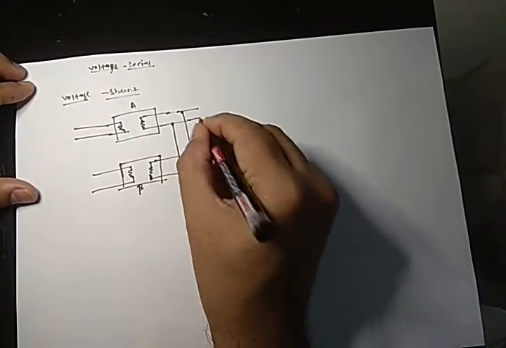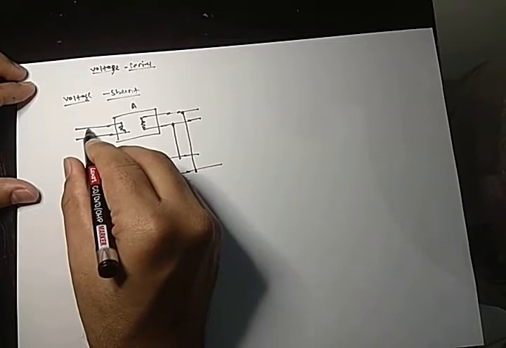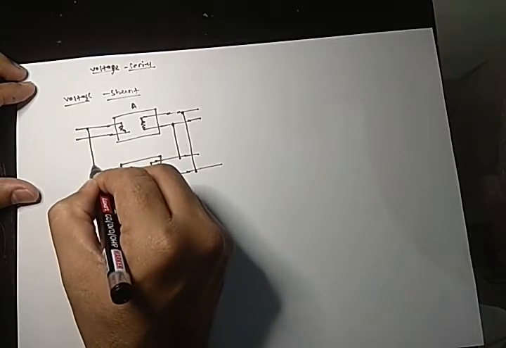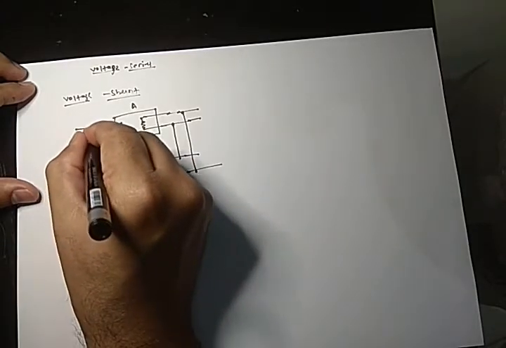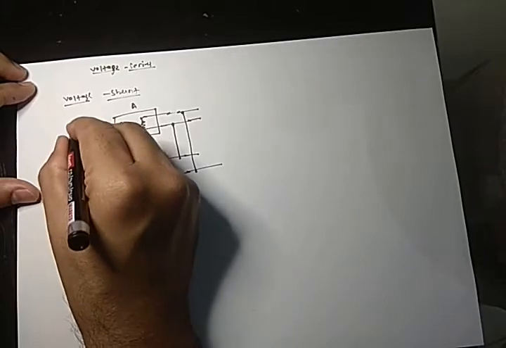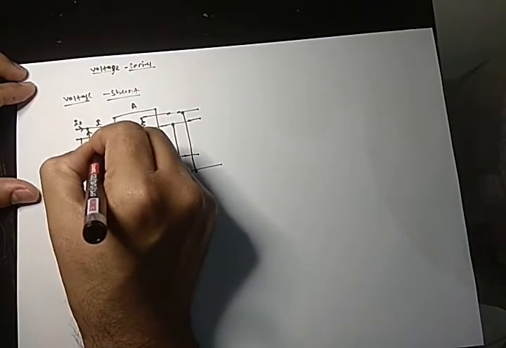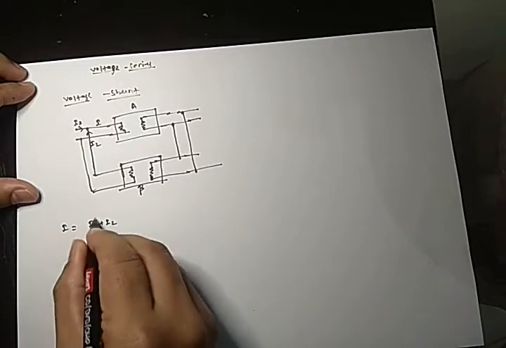We have tapped the voltage parallelly. Now this is shunt, so shunt means here we are adding the current. This I will become I1 plus I2, I will be equal to I1 plus I2.